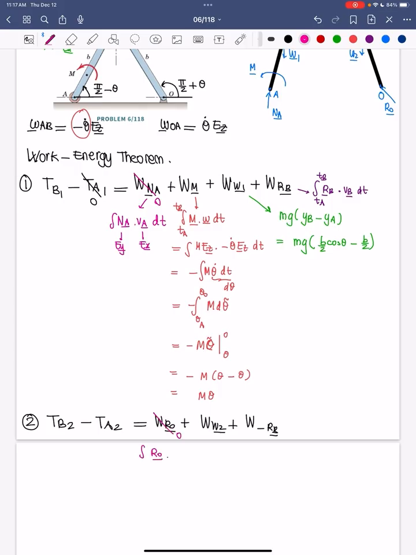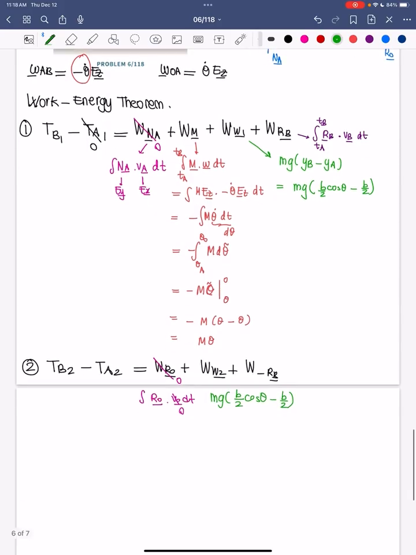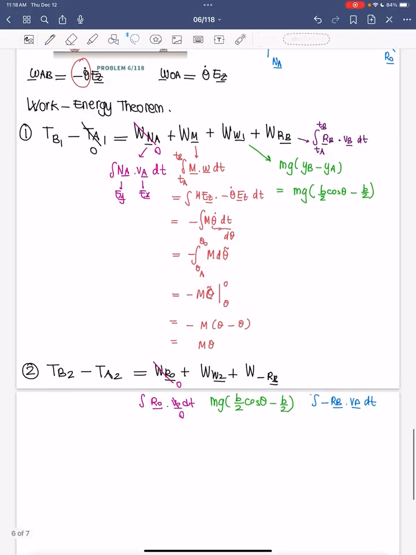So that's RO dot VO, and VO is 0. The work of the weight is the same as for bar 1. The two have the same masses, and the center of mass has the same vertical displacement. And the work of minus RB is the integral of minus RB dot VB dt. And now we notice, well, if I want to keep the same color scheme, I should draw this in purple. Well, whatever.